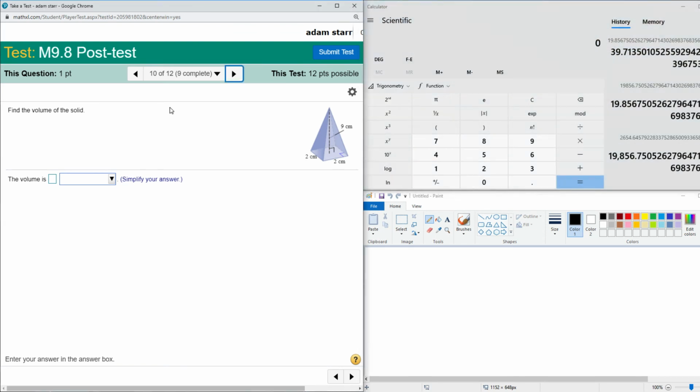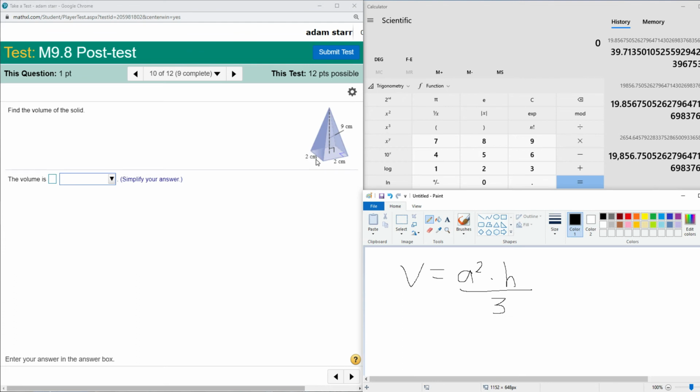Okay, this question, find the volume of the solid. We have a square pyramid. To find the volume of the square pyramid, it is a squared times the height divided by 3, where a here is just the length of the edge.